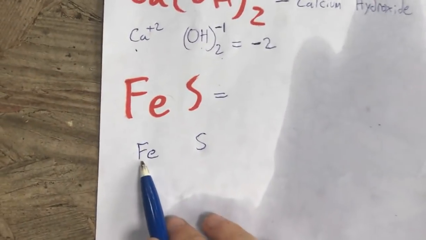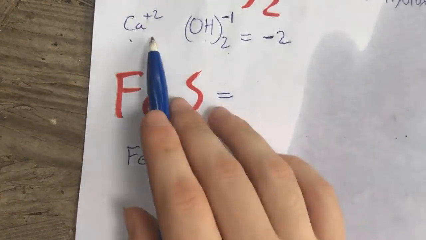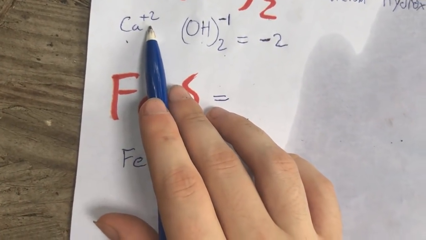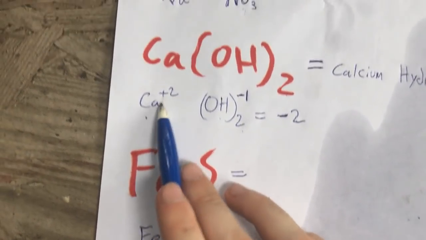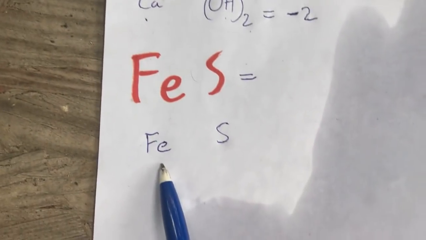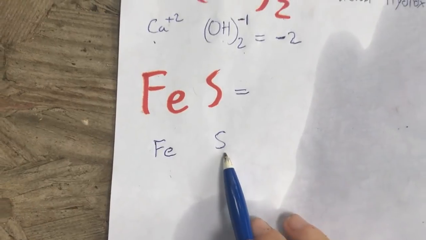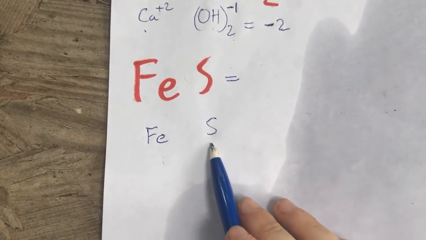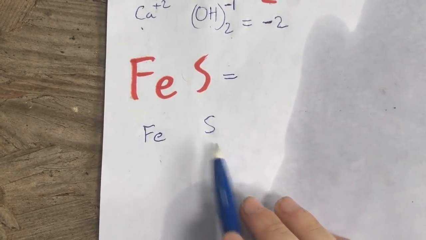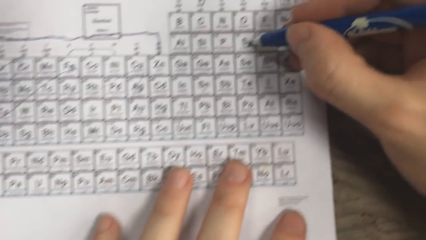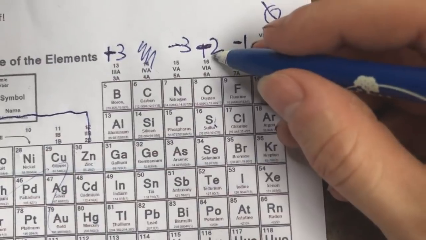So that means that we don't know the charge of this iron. In other examples, we could just look at the table and figure out what the charge of our metal was. But in this case, we don't know. So we have to figure it out. So if we move on, the other thing that we know we have is a sulfur. So sulfur, as we know, sulfur carries a -2 charge.